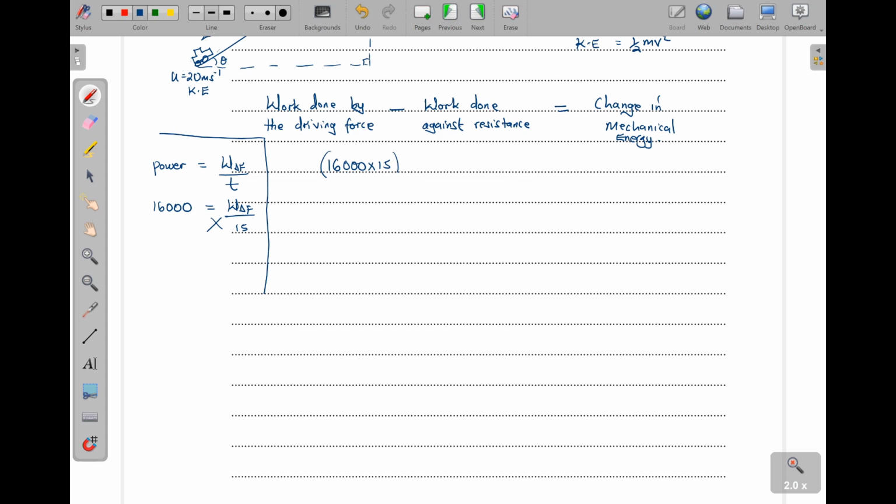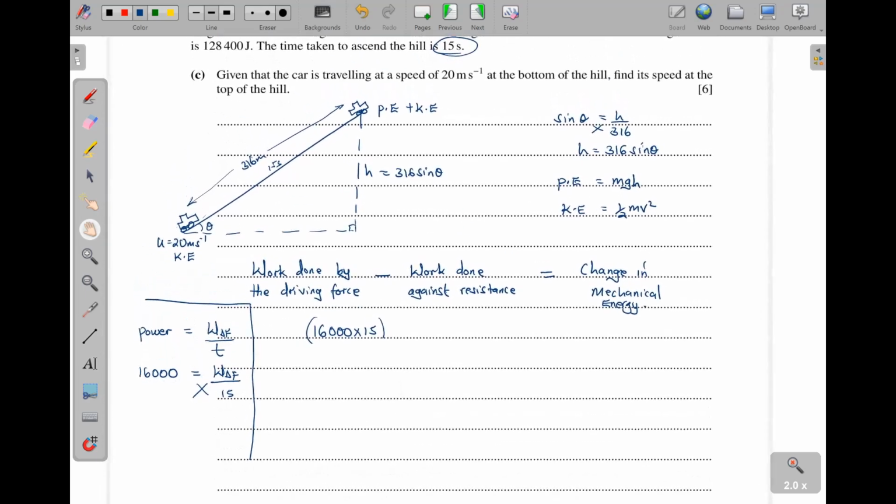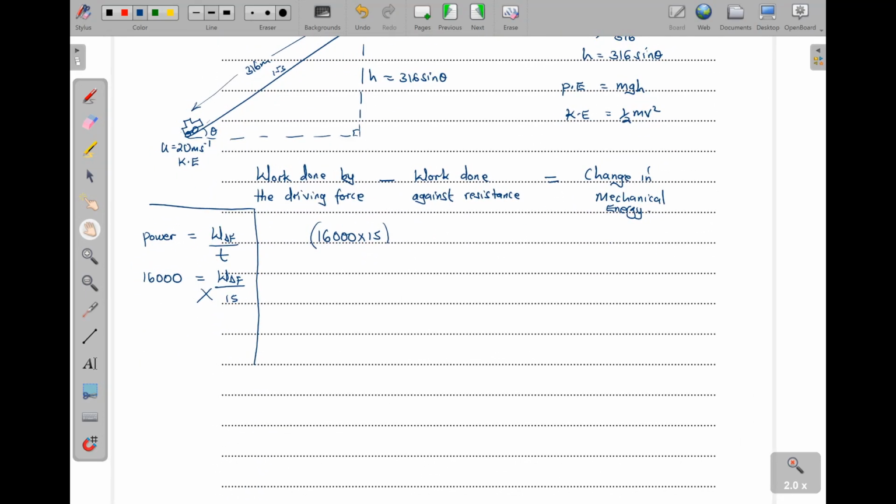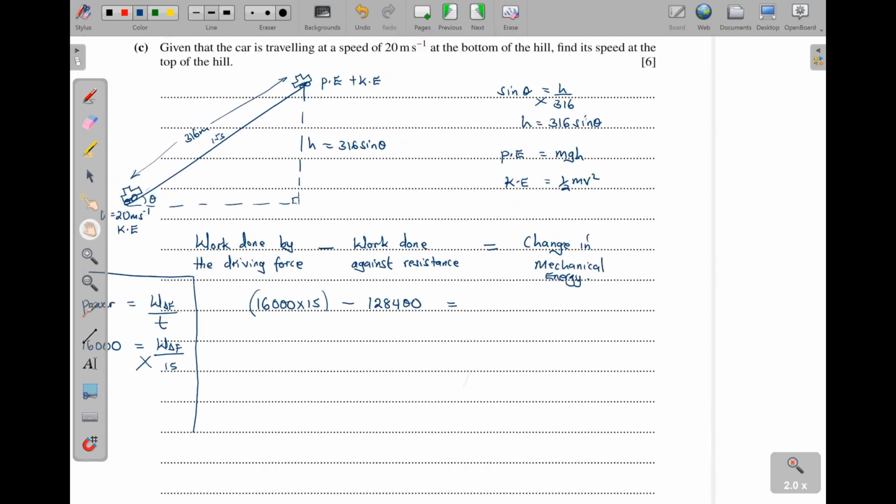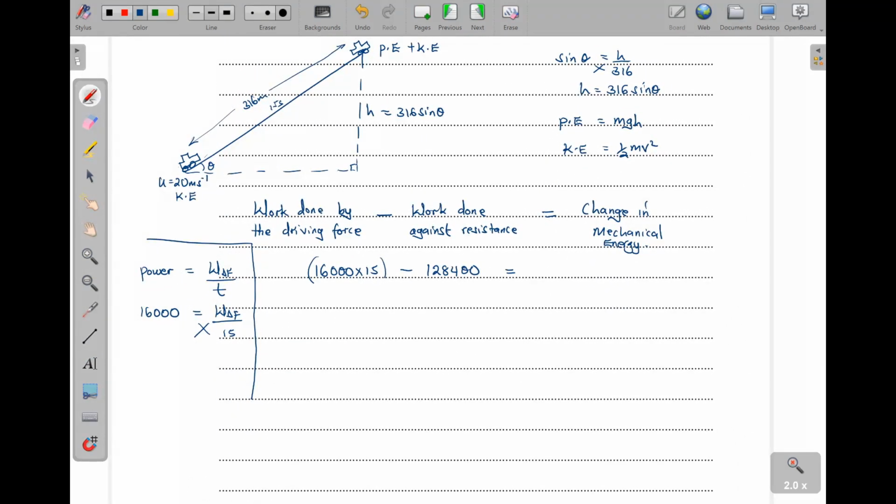Then work done against resistance was given as 128,400, so minus 128,400. Then the change in mechanical energy. You get the final mechanical energy. And remember, mechanical energy is equal to the sum of the potential energy and the kinetic energy. So here we have the two. Potential energy is M, what's the mass of the car?